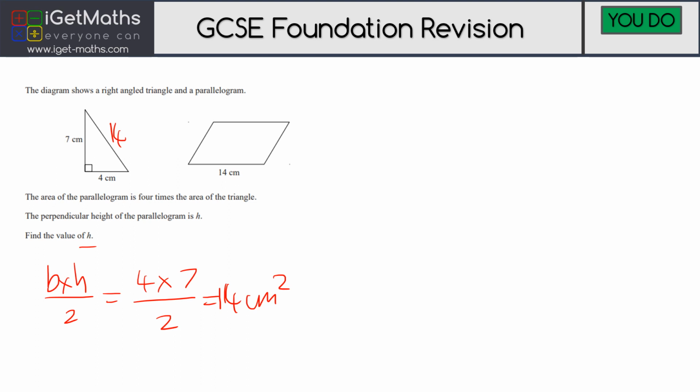So we know that the parallelogram is 4 times the area of the triangle, so we're going to do 14 times by 4. 14 doubled is going to be 28, and 28 doubled again, which will give us 4 times, will give us 56. So we got 14 times h for the parallelogram equals 56, because remember the parallelogram is just going to be base times height to give you the area, which we know is 56 centimeters squared.